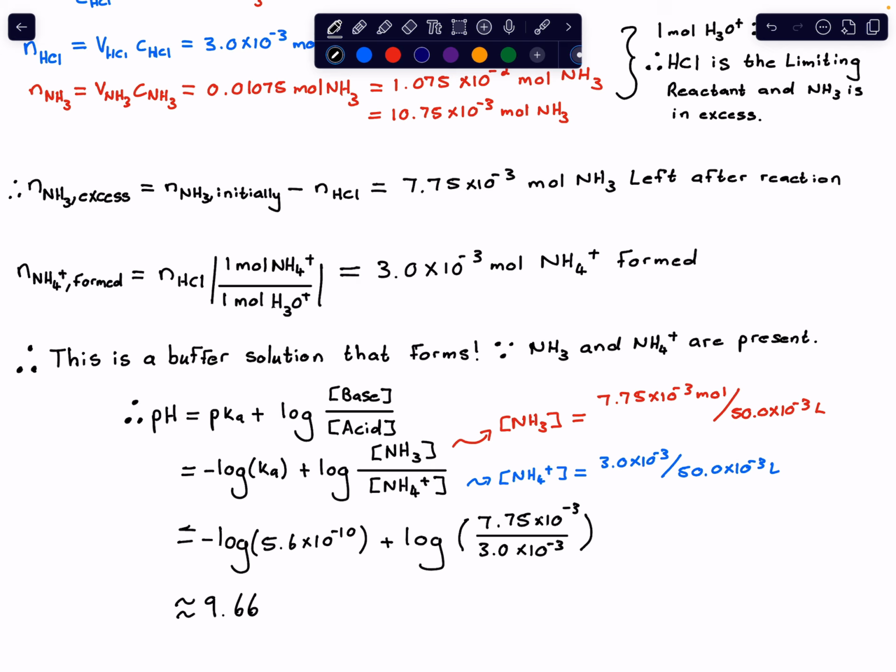So it shows you it's not always that you make up a buffer solution. Sometimes the buffer solution can be formed implicitly by something that happens. So always remember what a buffer solution is defined by, and be on the lookout for that.